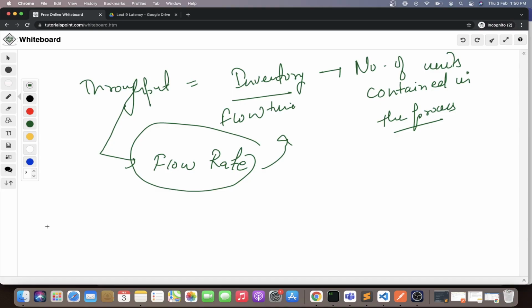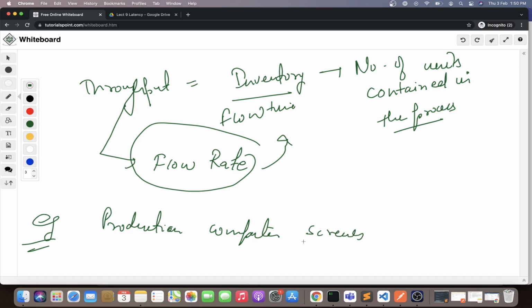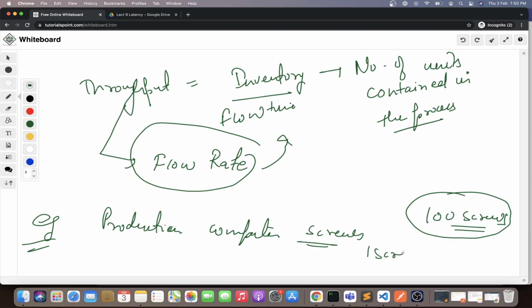Let me take another example, or a short question. For example, in a production company, I need to make screws. Say we have to make 100 screws, the total quantity is 100, and one screw is made in 10 days.